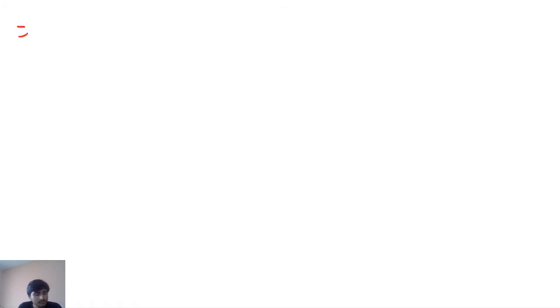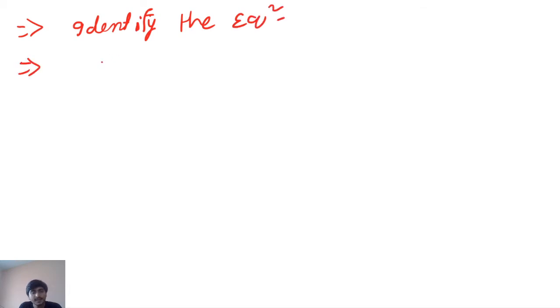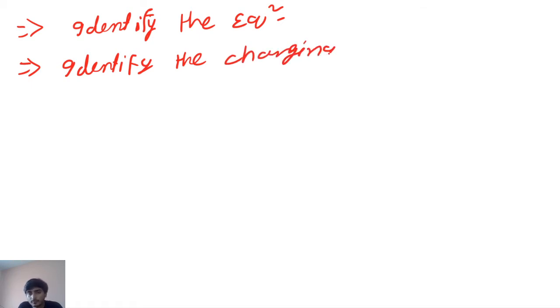So in this case, the first step is identifying the equation. Then the second is identifying the changing variable.